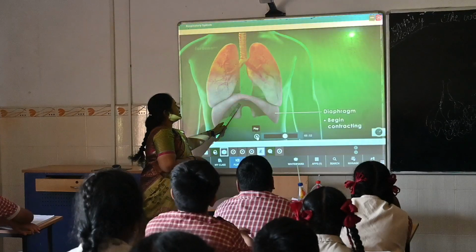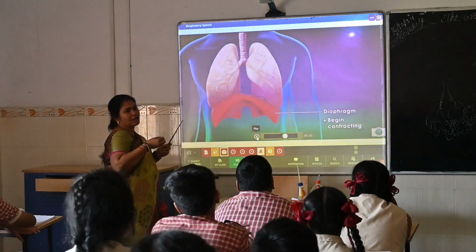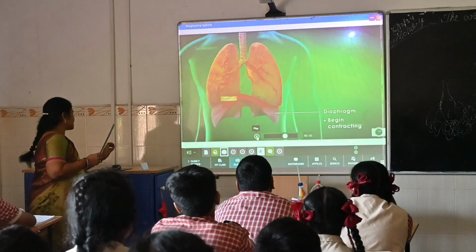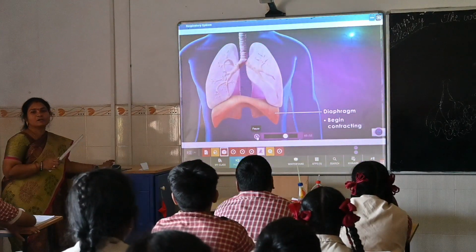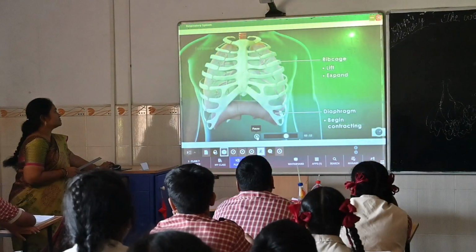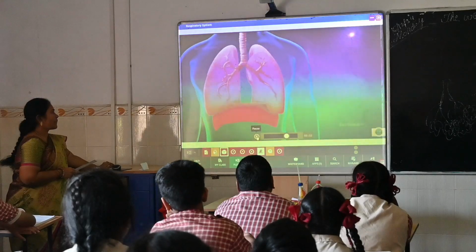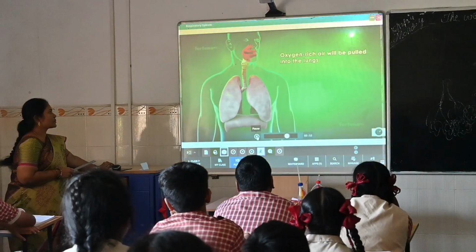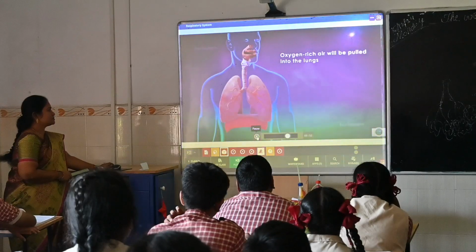And again when it relaxes, what happens? The air is coming out of our lungs in the form of exhalation. It's a continuous process, children. The rib cage will lift and expand. This will increase the space inside the thoracic cavity and lungs. Oxygen-rich air will be put into the lungs through the nose by the process of inspiration.